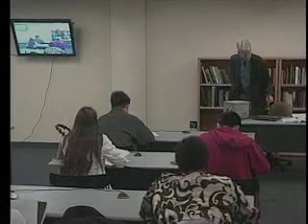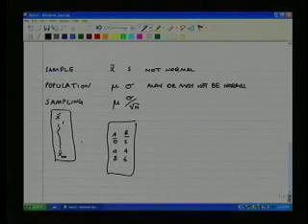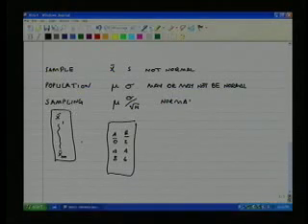If the population is distributed normally and you select repeated samples, repeated large samples of size n, the sampling distribution will be normally distributed. The sampling distribution will be normal.